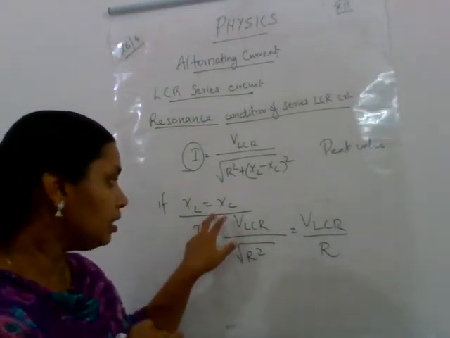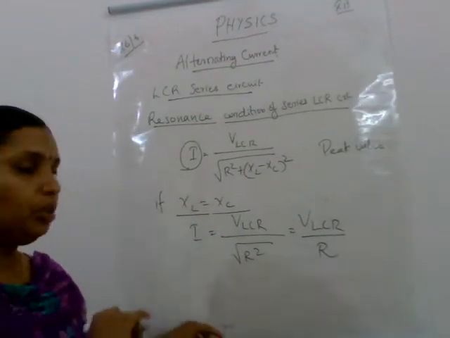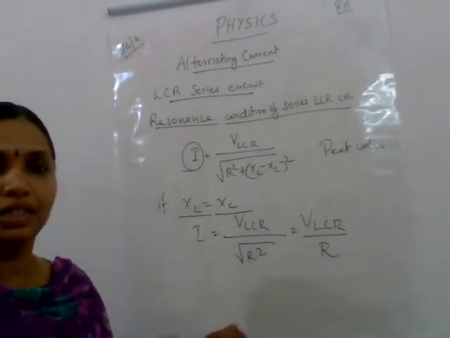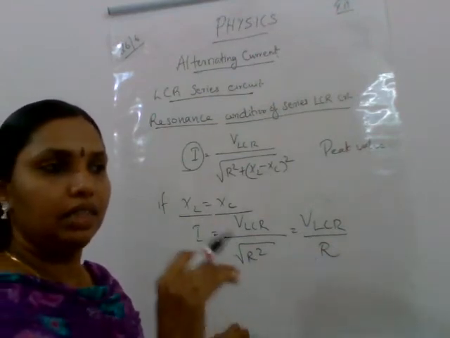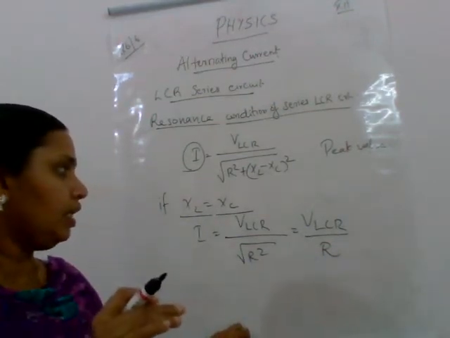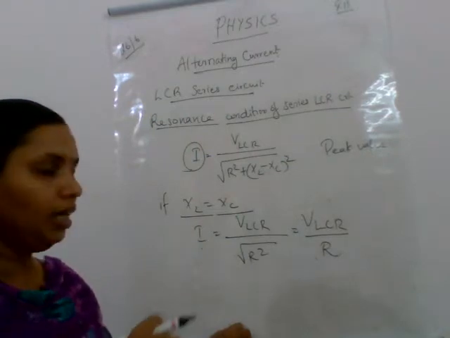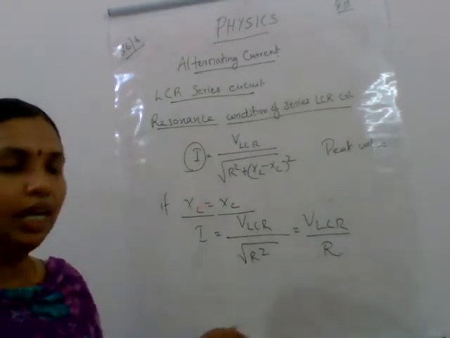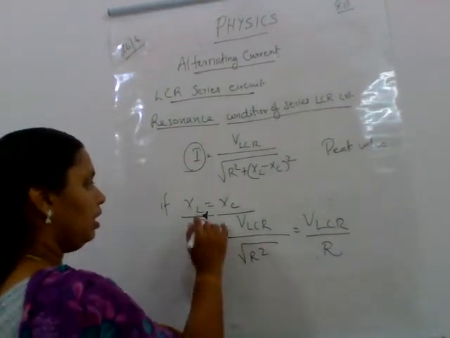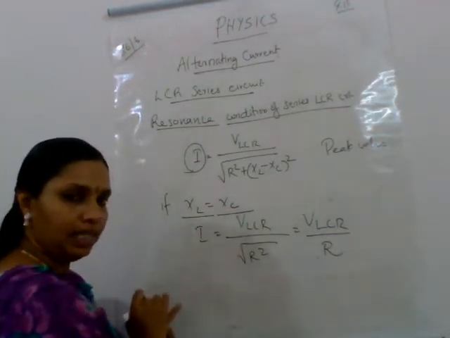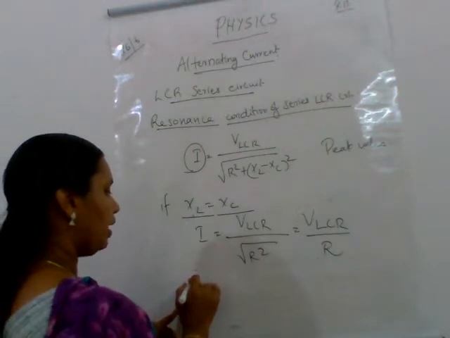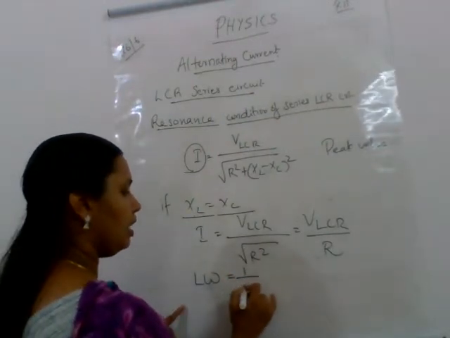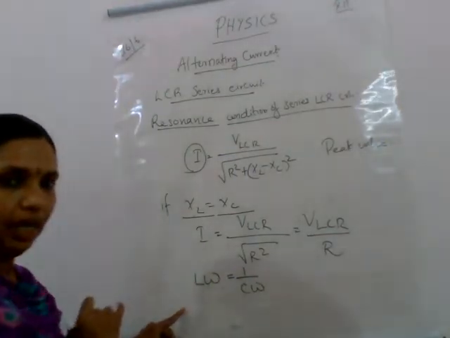And to attain this condition, there is a particular frequency of the signal at which we can attain the relation XL is equal to XC. Here we can write XL is equal to XC. We know XL is equal to L omega, and XC is 1 by C omega.